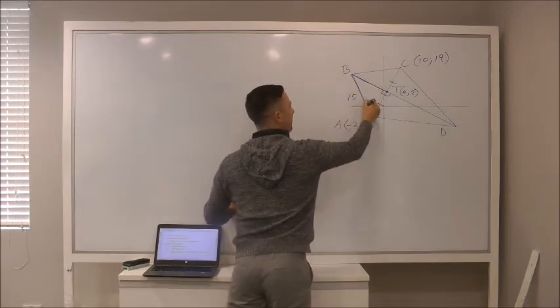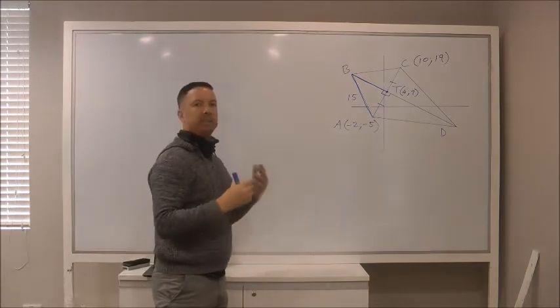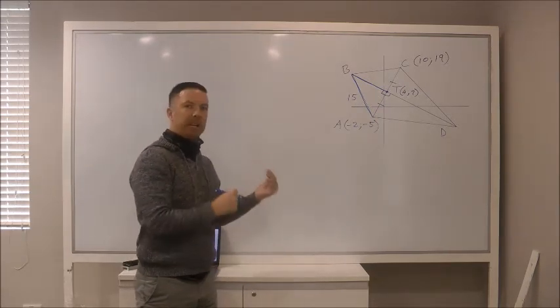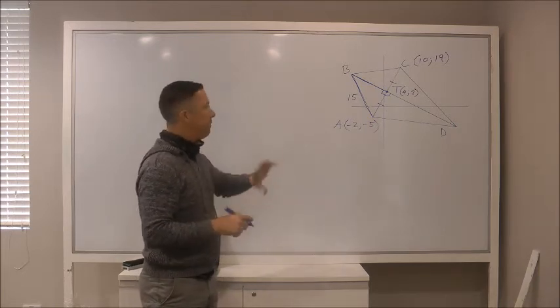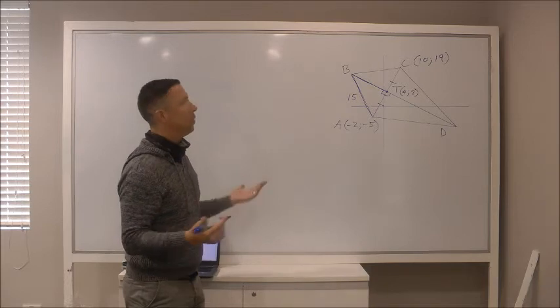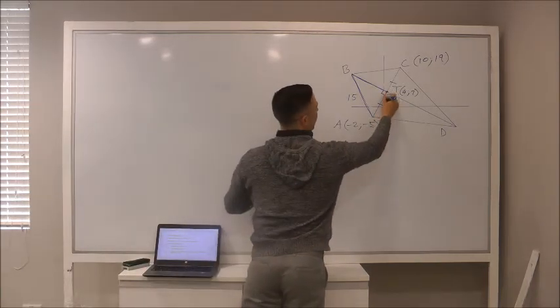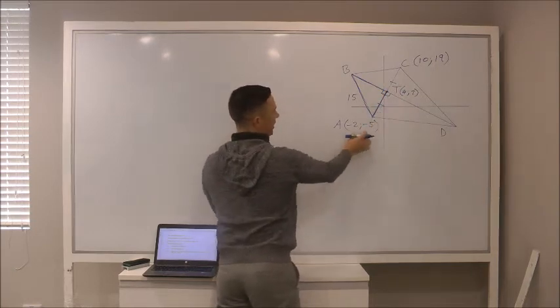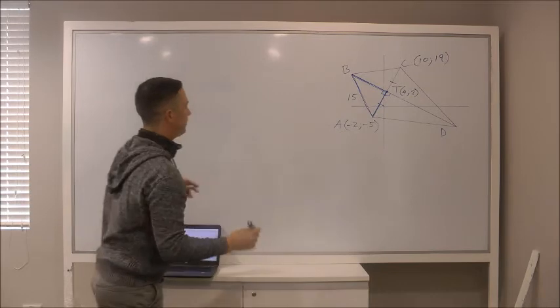They've given me this 15, and that's another thing with these questions, if you ever run into, like if you're stuck, always go back to what they have given you and why. If you haven't used it yet, then maybe it's a good time to go back and find out why they've given it to you. Right, so the first thing I'm going to do is find out the length of AT using those coordinates, and then I'm simply going to use Pythagoras to find out the other side.